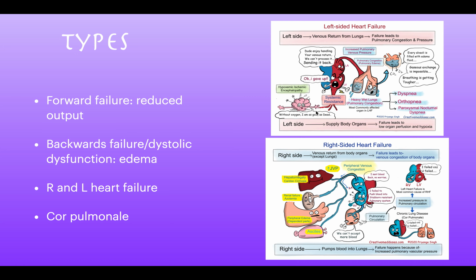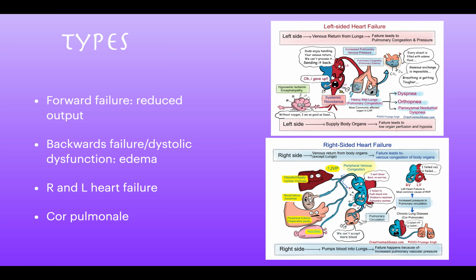With a systemic resistance, there's going to be hypoxemic ischemic encephalopathy. This is the problem that we are most concerned about. That's going to be called cor pulmonale, where there are problems with the lung leading back into the heart, and that's left-sided heart failure.